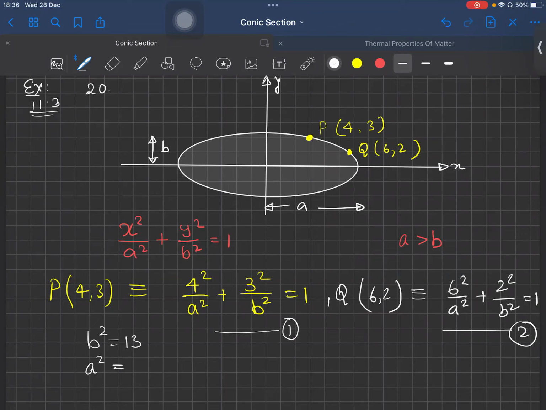Yes, Shri-Kruti, you got the answer? 52, sir. A square is 52. Okay, so this is correct.